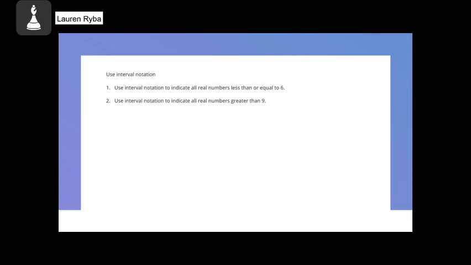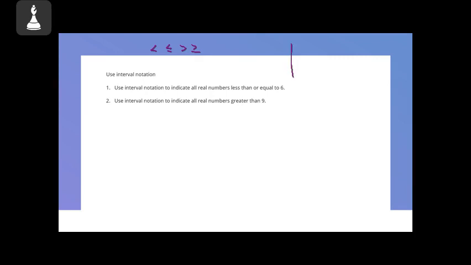When we're talking about inequalities, we're talking about these symbols: less than, less than or equal to, greater than, and greater than or equal to. And when we solve these inequalities, we can also talk about what is called interval notation. Each symbol has a corresponding parenthesis or bracket that goes with it.